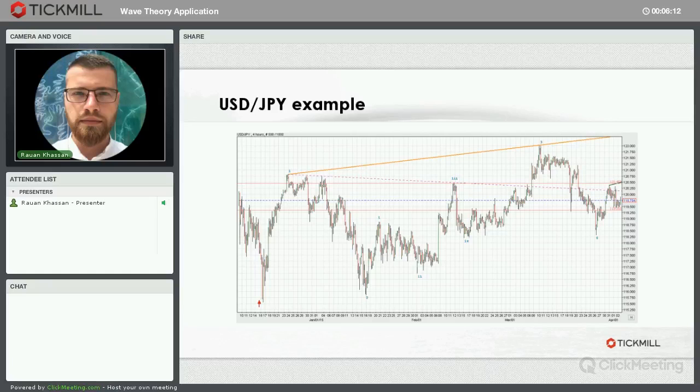Let's dig into a classical wave trading example. For reference, I take the United States dollar to Japanese yen chart. Our chart shows recent price action starting from December 2014 and finishing in April this year.